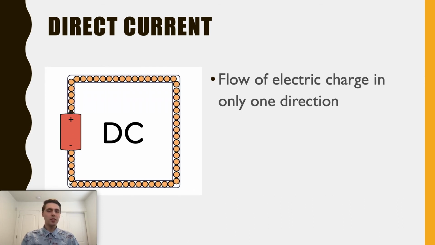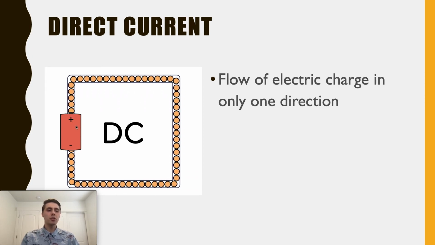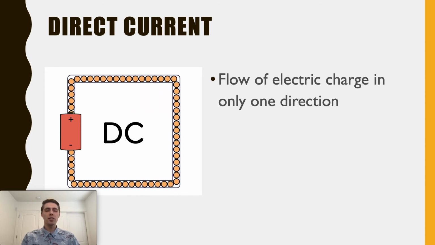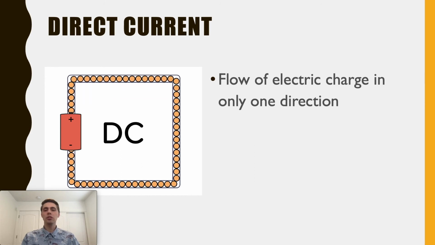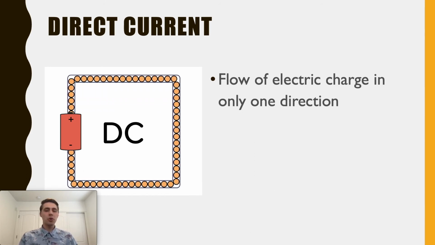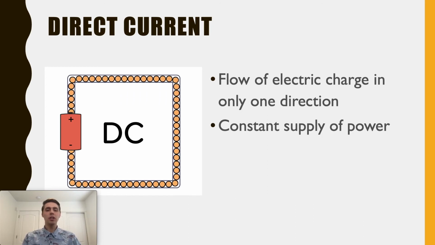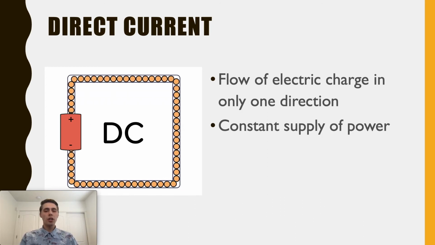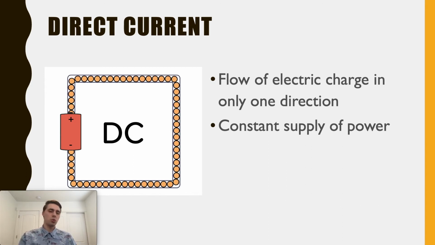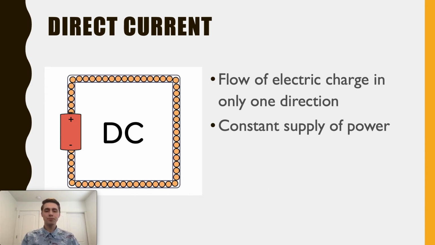And when it gets to this lower region, it's usually pumped back up with the use of like a battery, some sort of electrical or chemical process to pump it back up to high voltage potential and again pass it through. Therefore, it is of course a constant supply of power, and it makes it much harder and more expensive to change the voltages of direct current, which is why power isn't distributed in this form.